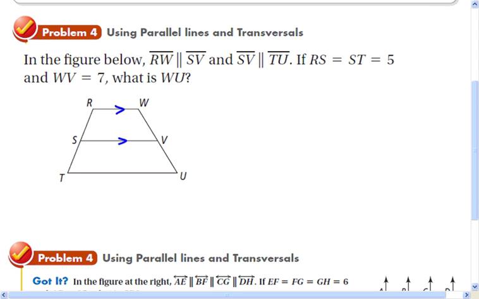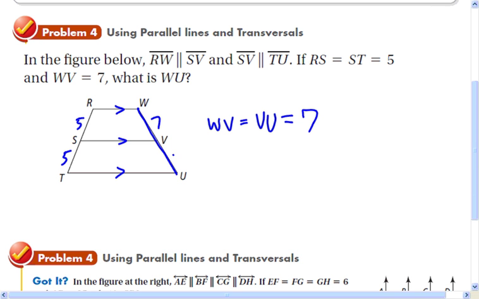And so if I want to use that idea here, in this figure below, this is parallel to this, and that's parallel to that. So all three lines are really parallel. And if RS equals ST equals 5, so those are 5 right there, and we know that WV is 7, and we want to find WU. We know that WV is equal to VU, and that's equal to 7.